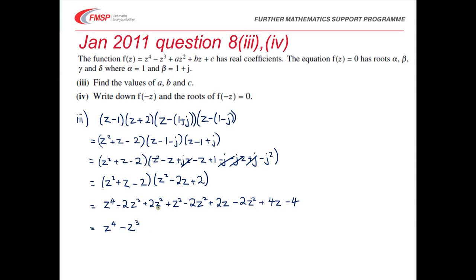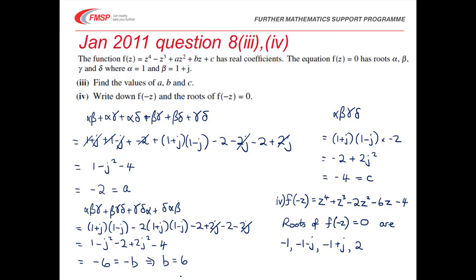So that's encouraging, suggests we haven't made any mistakes. Minus 2z squared, 2z squared minus 2z squared cancels, minus another 2z squared. And then 2z plus 4z is plus 6z and minus 4. Therefore A is equal to minus 2, B is equal to 6, and C is equal to minus 4. And then part 4 follows as before.